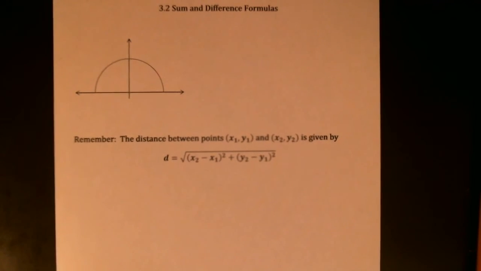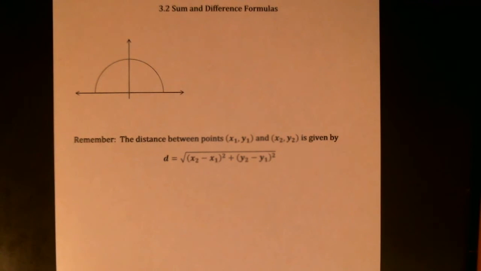Hi everyone. In this video, I want to show you a little bit of where some of the formulas that we're going to use come from. Well, one of them anyways. So we're moving into two sections, 3.2 and 3.3, where we learn specific formulas and apply them.